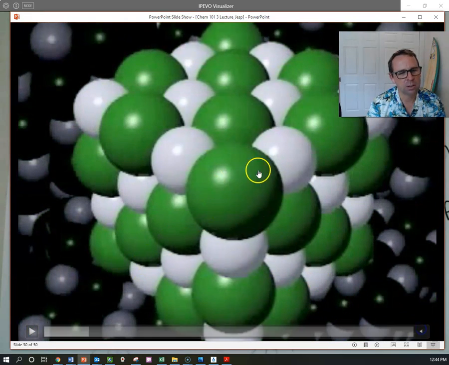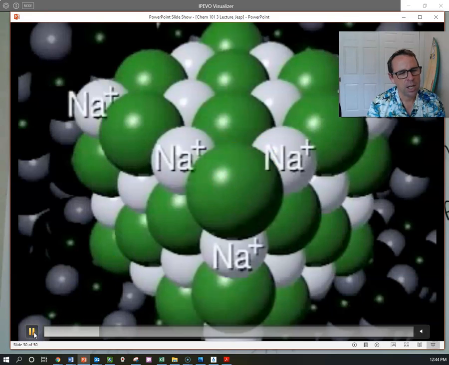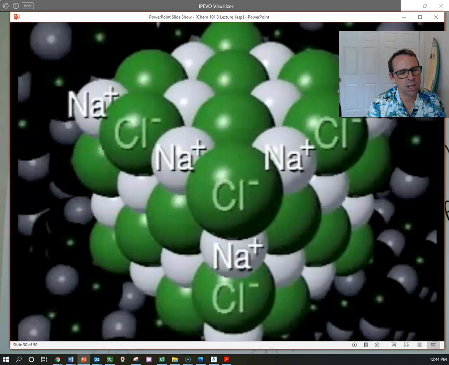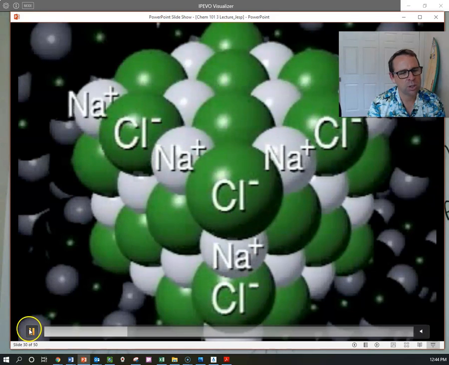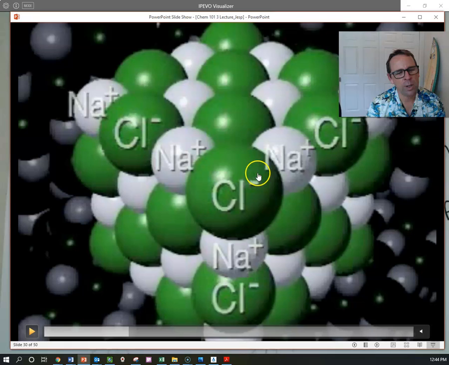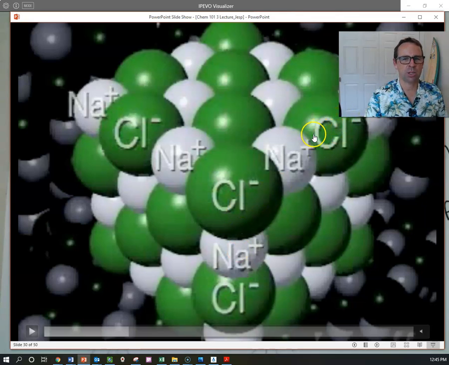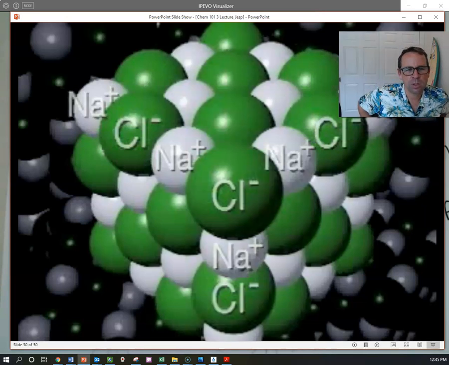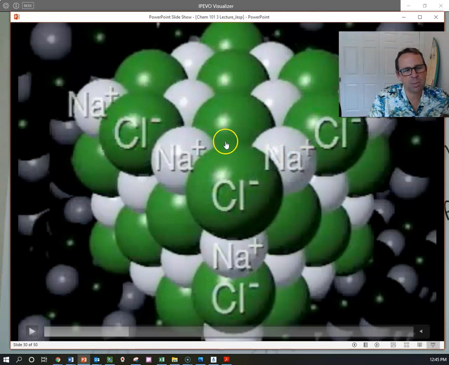You have these negatively charged ions, and these are chloride ions, and you have positively charged ions, these are sodium ions. So we have these ions coming together in what's called a three-dimensional lattice. A three-dimensional lattice. All ionic compounds reside as these three-dimensional lattices.